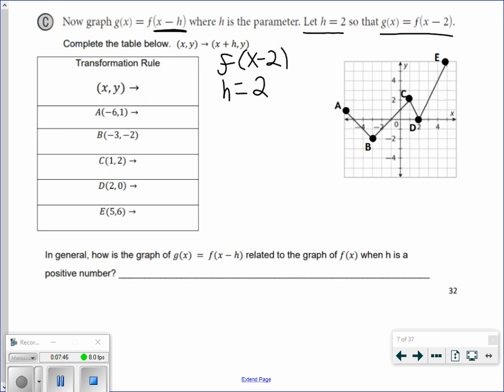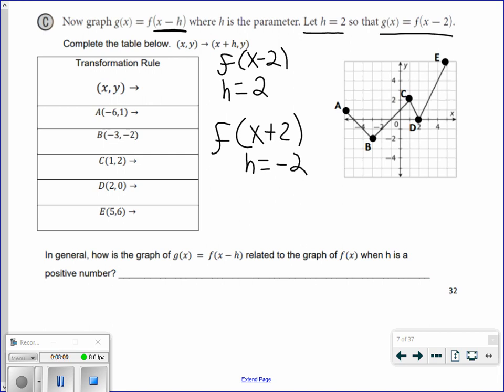You have that x minus h inside the middle of it. So our h term is going to be x minus our h term. So x minus a +2 is the same thing as x minus 2. X minus a -2 gives us x plus 2. So you have f of x plus 2, for instance. Instead, f of x plus 2 gives us an h value of -2.